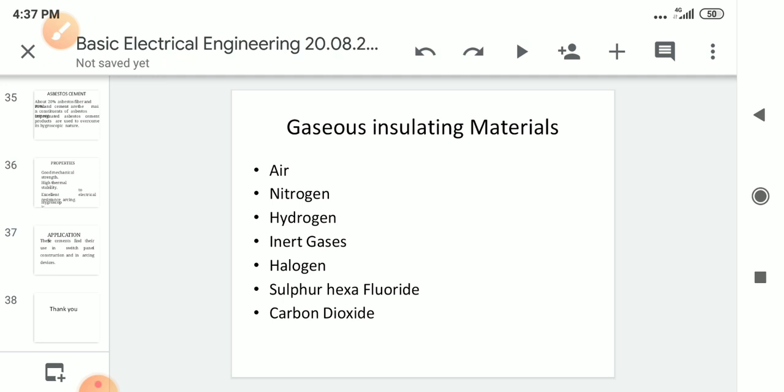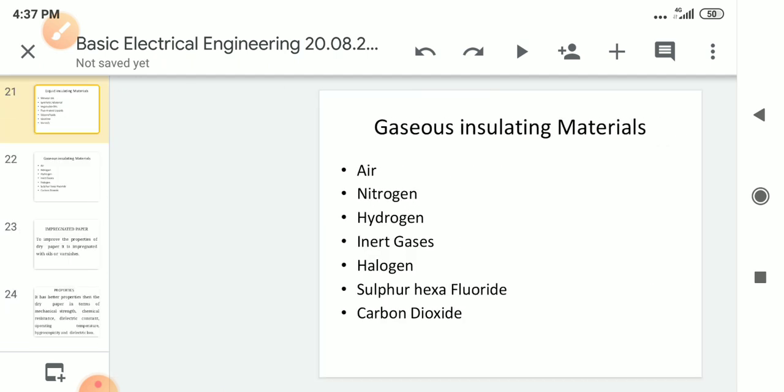After that, the factors which affect these insulation materials, that is temperature, moisture, applied voltage, aging, like that. After that, we moved into classification of insulation material according to temperature. It is classified as class Y, class A, E, B, F, H, C, like that. After that, the general classification is solid insulation material, liquid insulation material and gaseous insulation material.